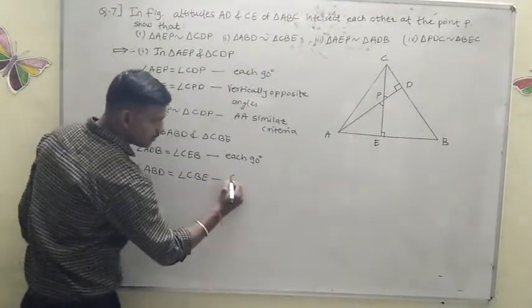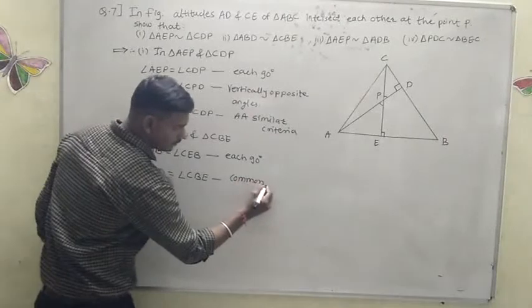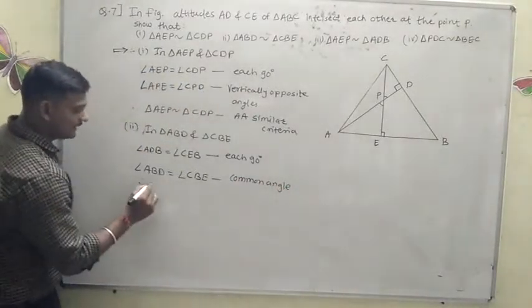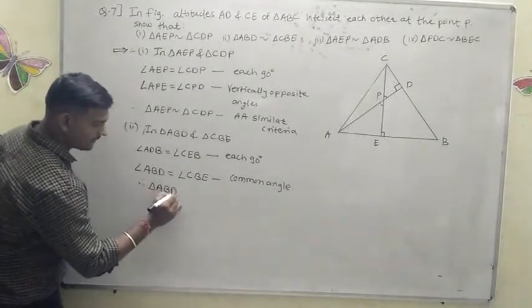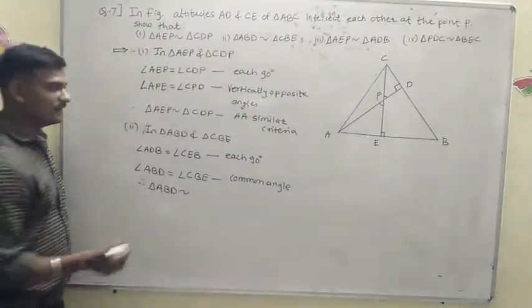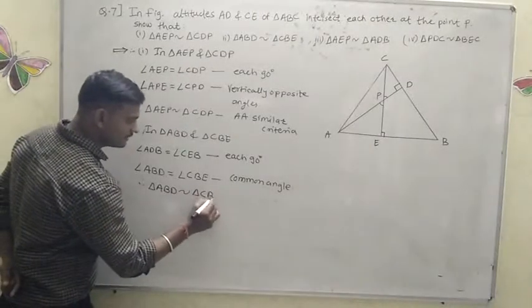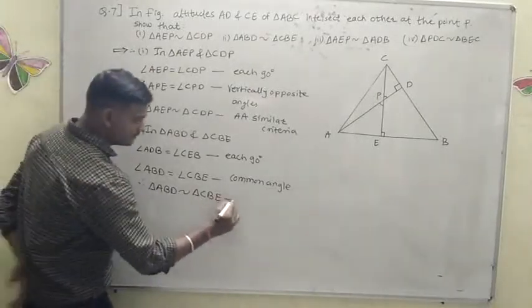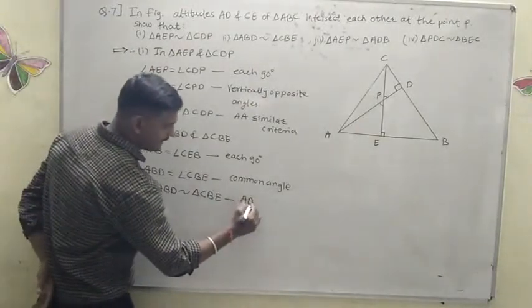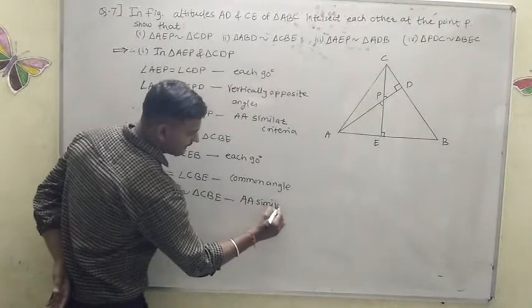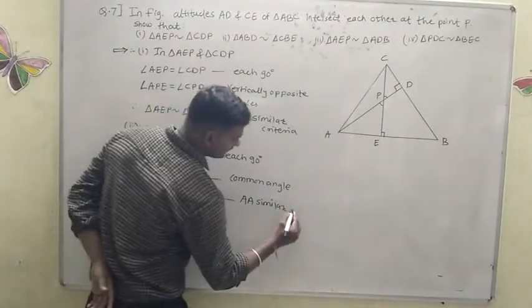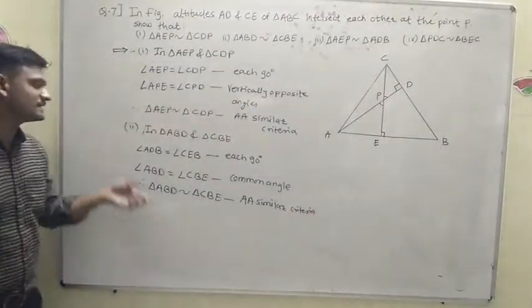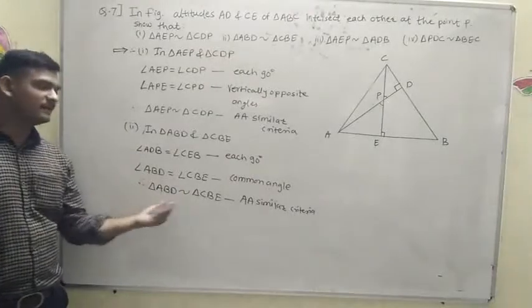What is the reason? Common angle. Therefore, triangle ABD is similar to triangle CBE. These two triangles are similar. Why? Because two angles are equal, by AA similarity criteria.